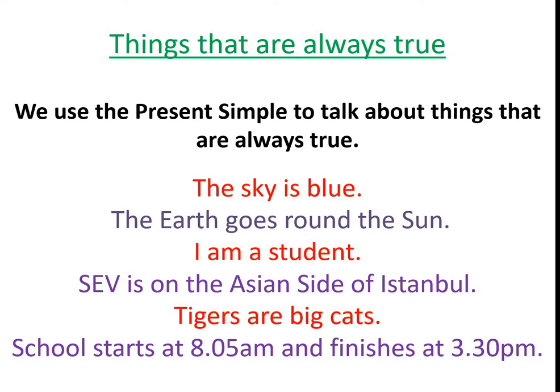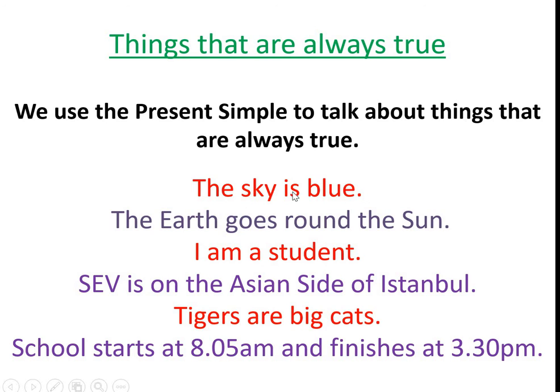The second thing, and that's the most important thing about the simple present, is things that are always true. So we use the present simple to talk about things that are always true or generally true. So the sky is blue. It's always blue. Always the sky is blue.